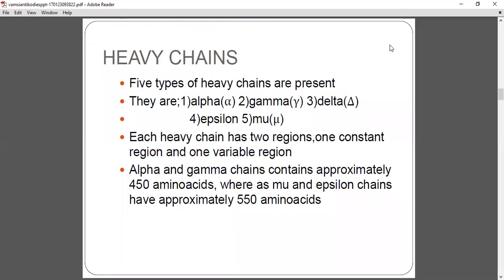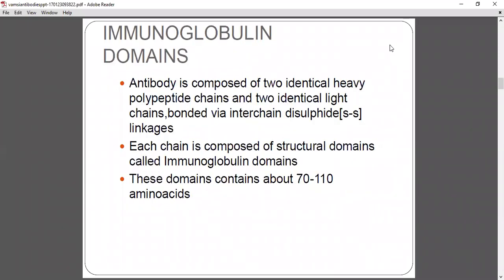An antibody is composed of two identical heavy polypeptide chains, the dark blue ones, and two identical light chains bonded via interchain disulfide linkages. Each chain is composed of structural domains called immunoglobulin domains.